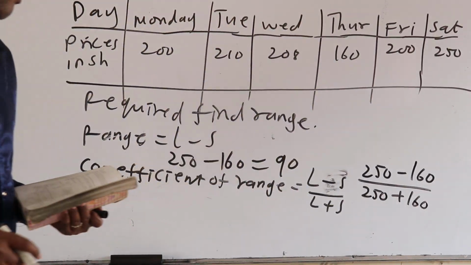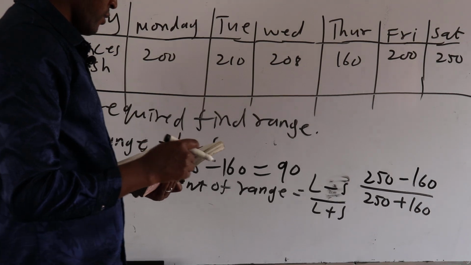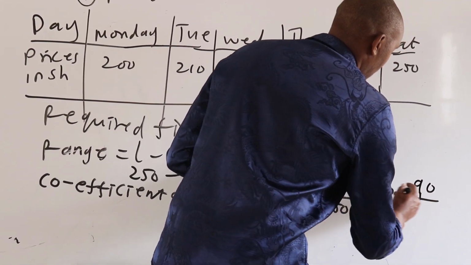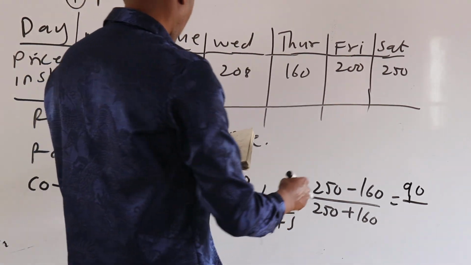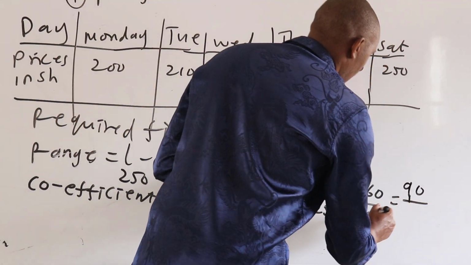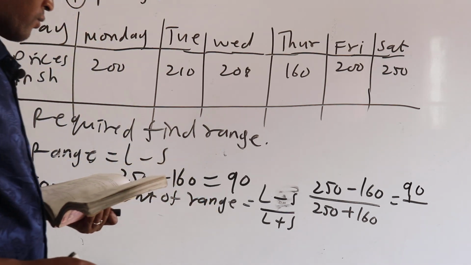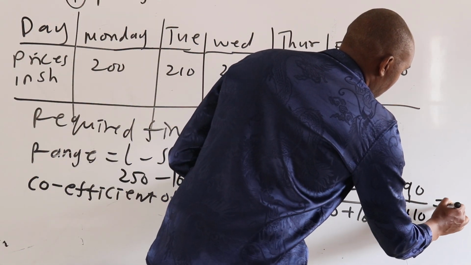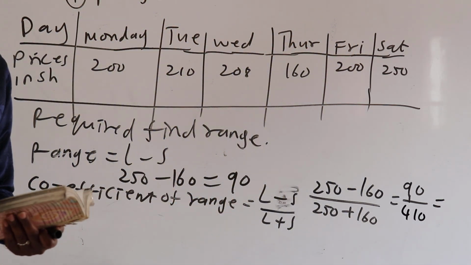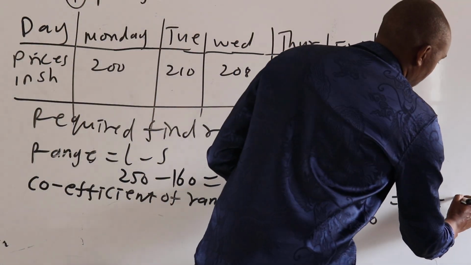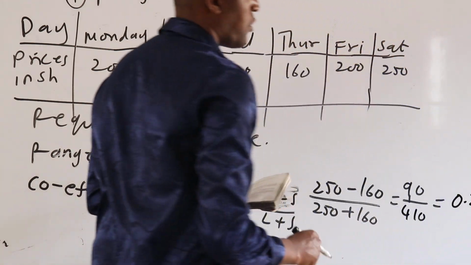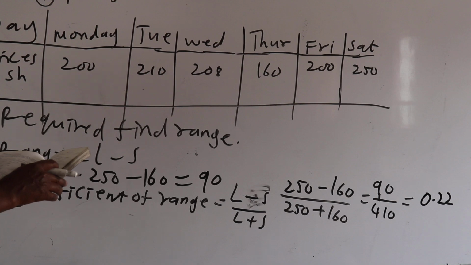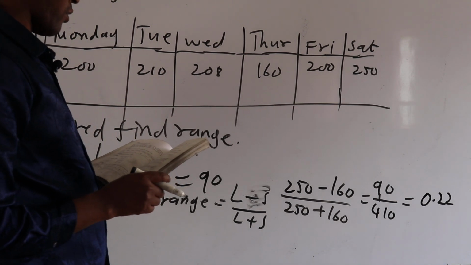So the subtraction gives 90, and 250 plus 160 is 410. When you divide, it gives you 0.22. So our coefficient of range is 0.22.